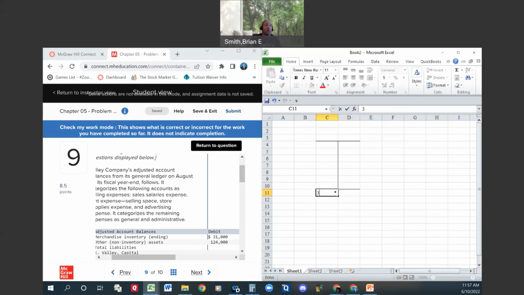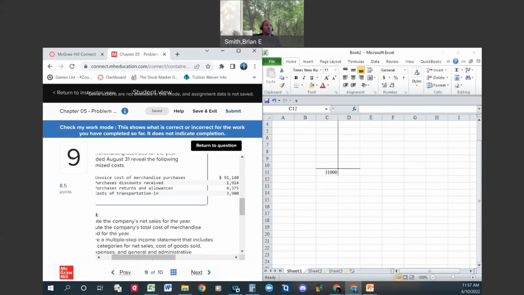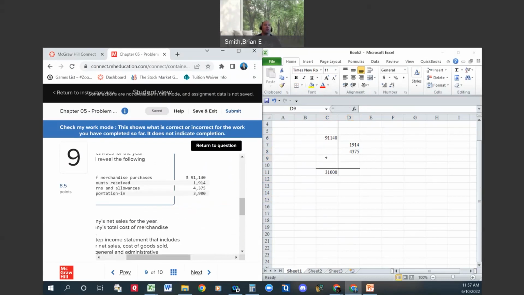Let's go down and find out what we had in the other information down here. Invoice costs of merchandise purchases. We're going to throw in here 91,140. Discounts received 1,914. Returns and allowances 4,375. Transportation in, so that's going to be an addition, 3,900.